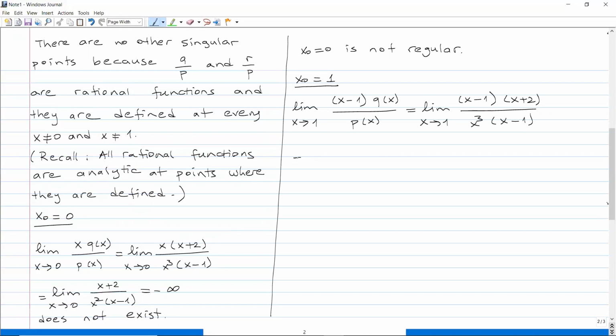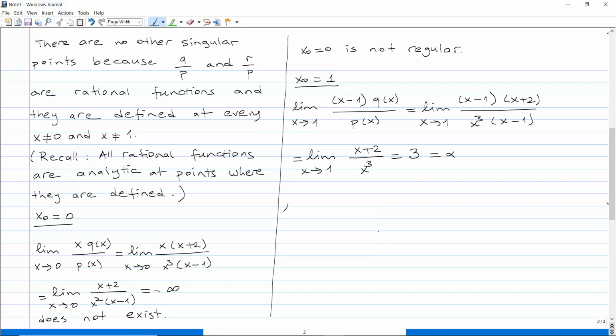We can simplify the x minus 1. And as x approaches 1, this limit is 3. So this is our number alpha. So this checks out. The first limit checks out.